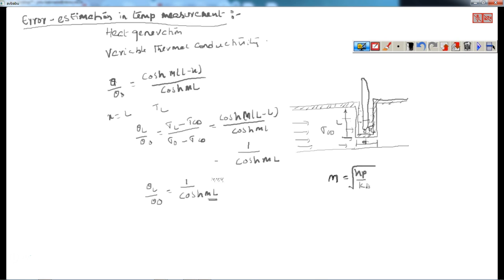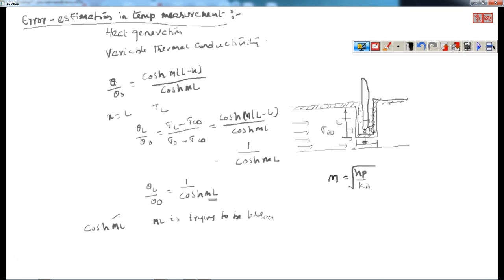And we know that cosh mL should be large, so mL should be as large as possible.